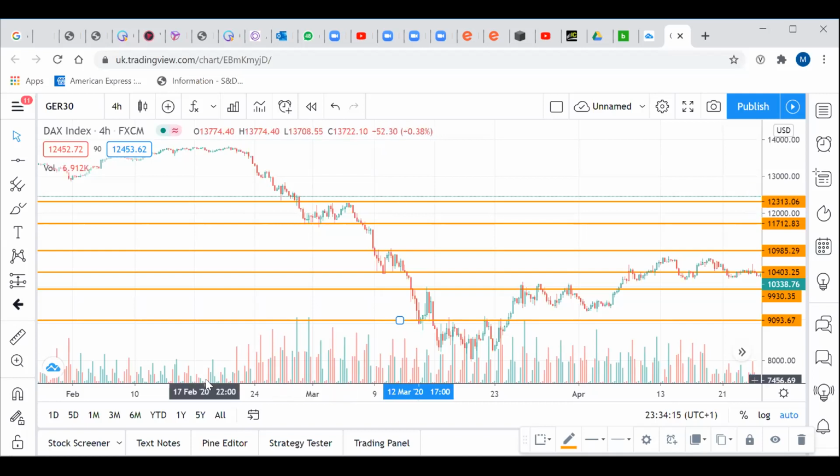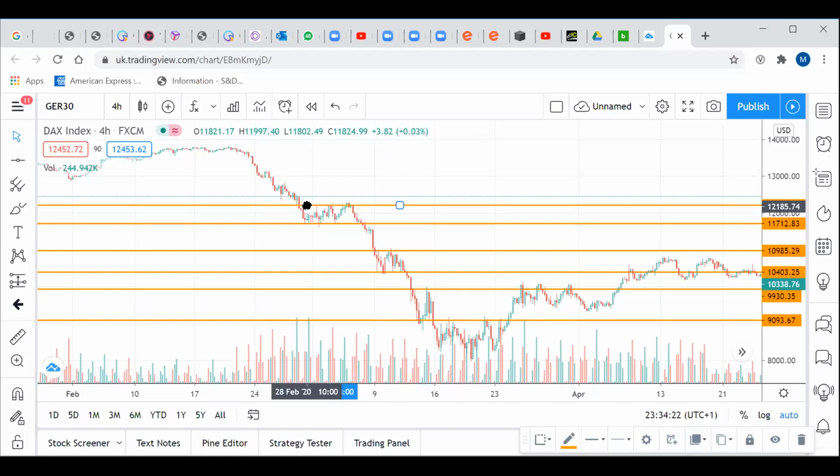For example, here, price tested this area 3 times. It went up, tested it, it dropped. Remember, a resistance area is a ceiling, right? So it went up again, it dropped. Let me draw this out.